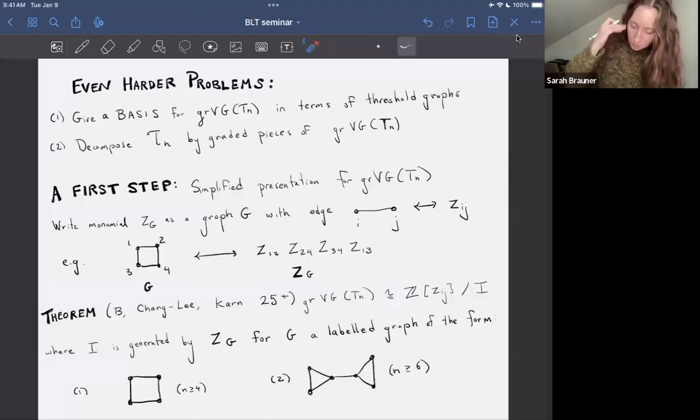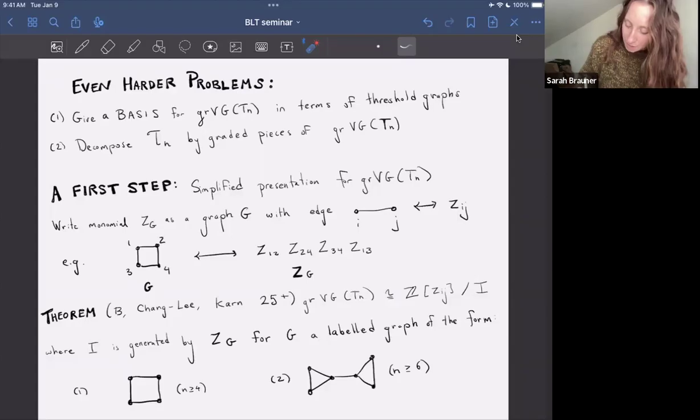So we saw with the braid arrangement we could write it down compactly with just two relations, and so we've done a similar thing for the threshold arrangement. So this is the last thing I want to say, which is what our presentation looks like. So I'm going to think about defining a monomial using a graph. So I think it's better to just see it with an example.